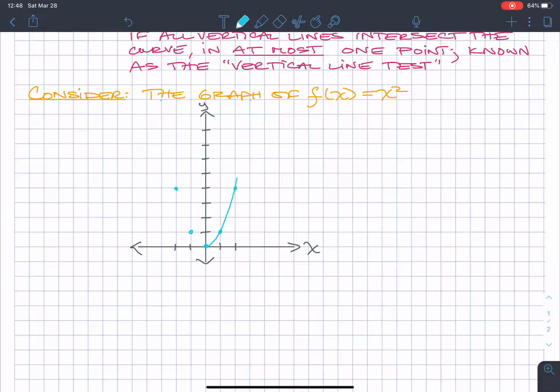So we get this nice U-shaped graph, not drawn that great, but you get the idea. So this is my function, f of x is equal to x squared.